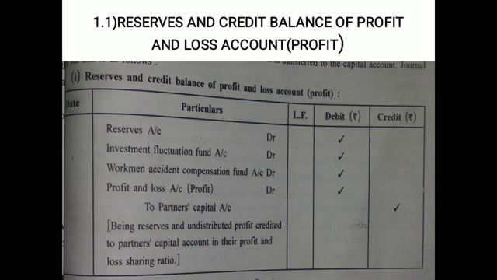Reserves can be general reserve and investment fluctuation fund, etc. So here it is presented on your screen, the journal entry: reserves account debit, investment fluctuation fund account debit, workman accident compensation fund account debit, profit and loss account, which is profit, debit to partners capital account.